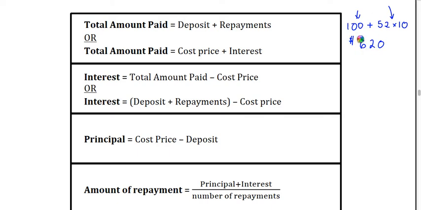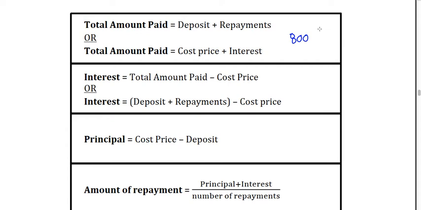Find your deposit. Sometimes you have to calculate the deposit because it might be a percentage of the purchase price of the item. Sometimes it's just given to you. So another thing to look at, you might be given the cost price of an item. So you might say there's a diamond ring and it's worth $800.